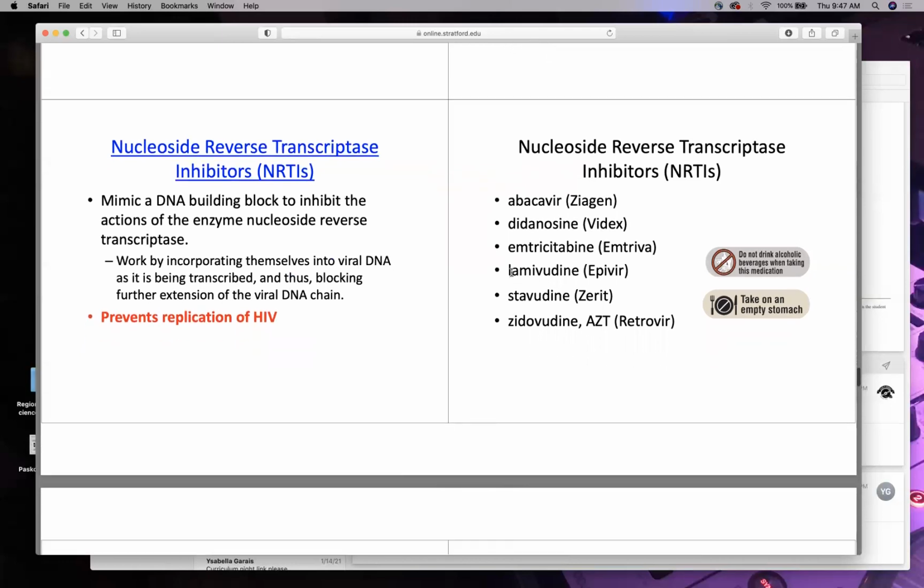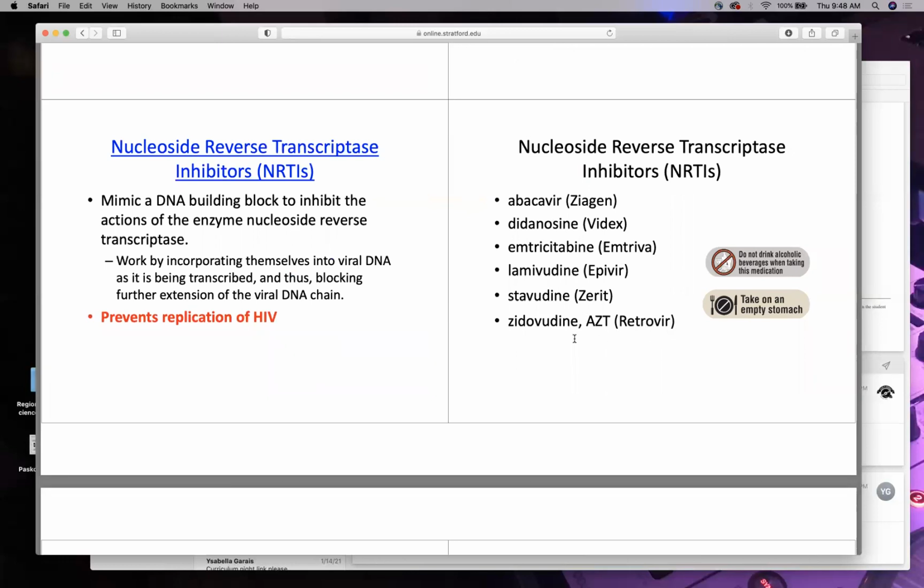So let's see some examples. And like I said, if you look at a lot of the words, there's going to be some sort of "vir" in it, like Epivir. And here's another one, a giveaway: Zidovudine, which is AZT, also known as Retrovir.